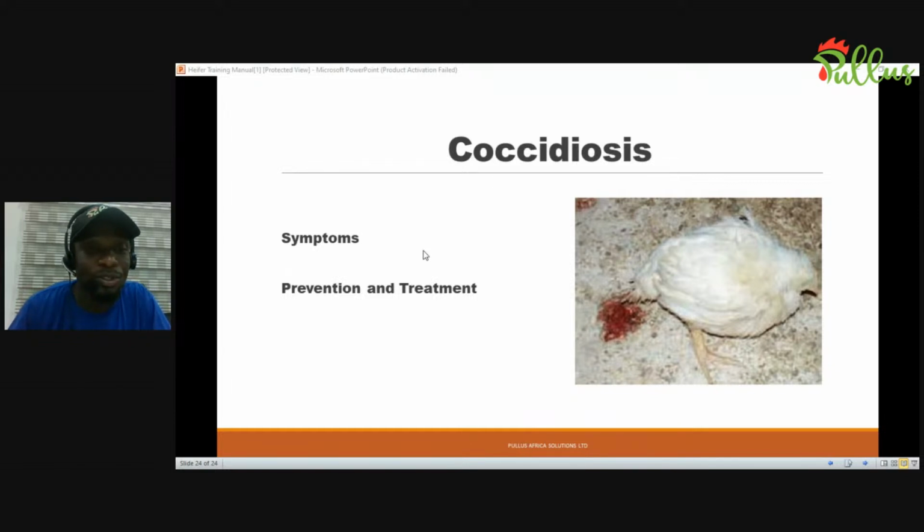Because if you are turning them inside where the birds are, part of the water might be pouring on the floor, and then you discover that it results in a wet litter, and that could also make it easy for this problem to happen. So it is important that you avoid any form of wet litter, and also inculcate good hygienic practices, which is also part of the prevention measures, to be able to avoid this problem.